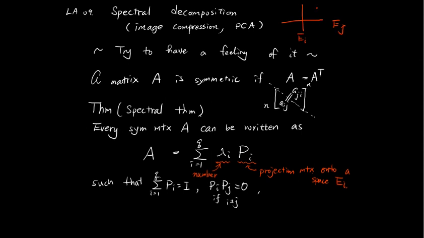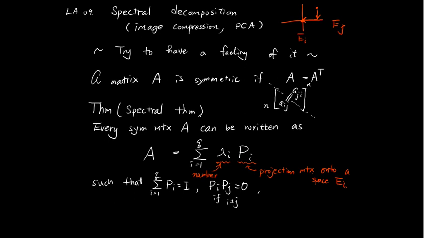So when you make the projection onto E_j and then make the projection onto E_i, then you will fall back to the origin. That's what it means. So if you have P_i and P_j multiplied together, which means you do the projection twice, and the 2 projection matrices are for different spaces, then in the end, the vector will fall back to the origin, becomes 0.